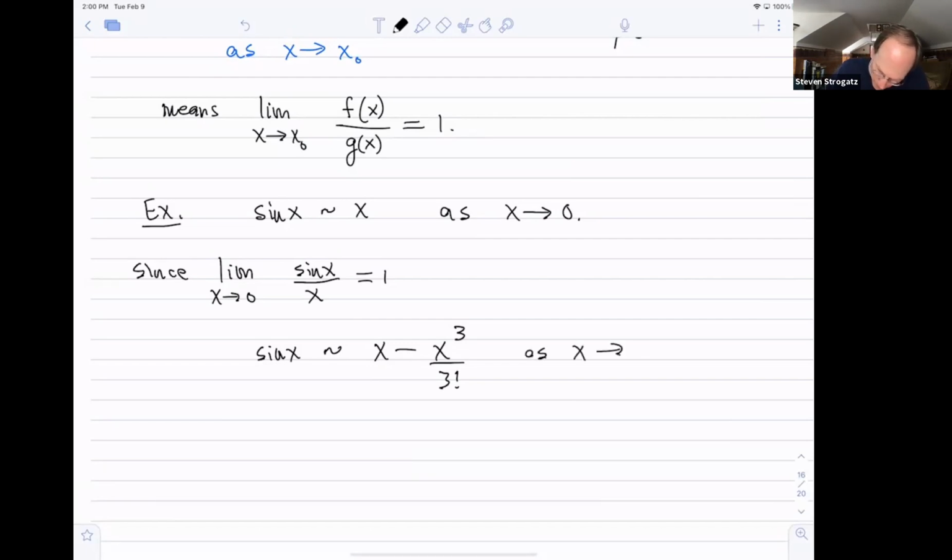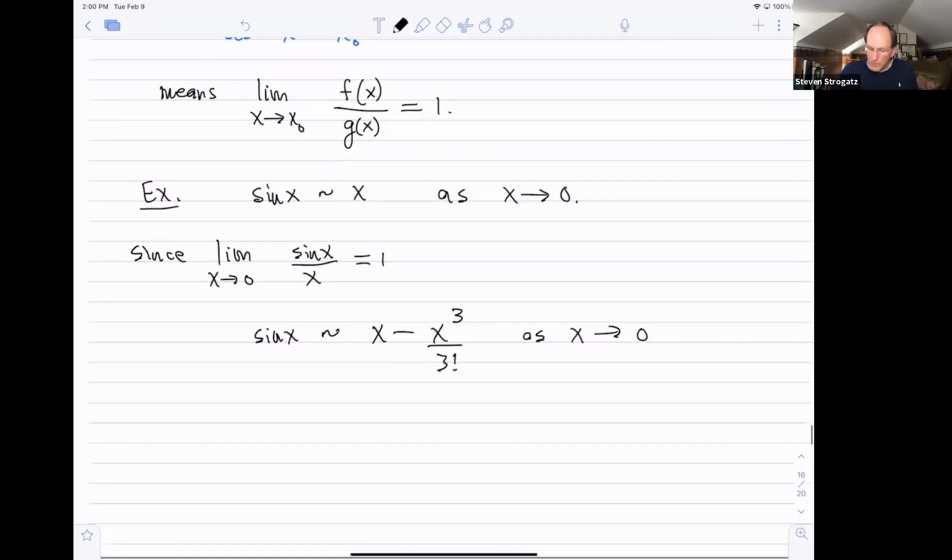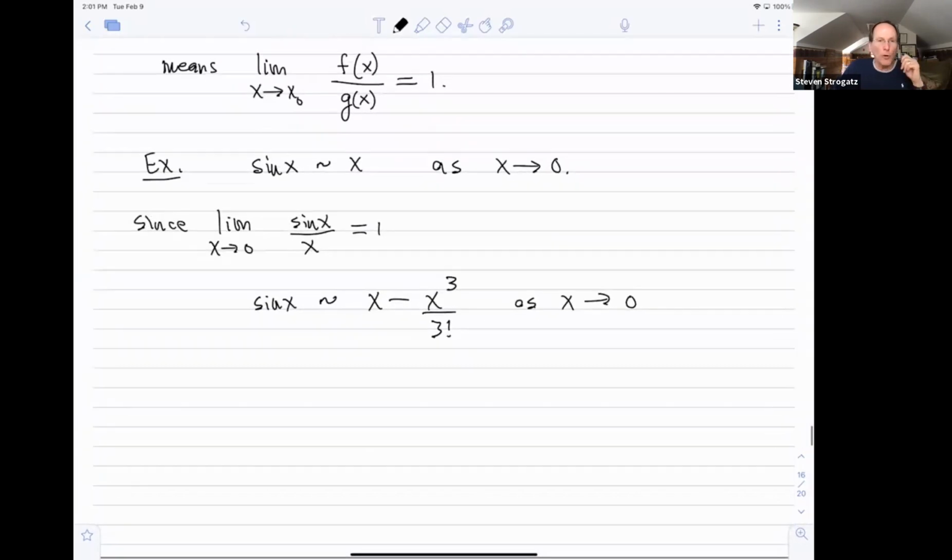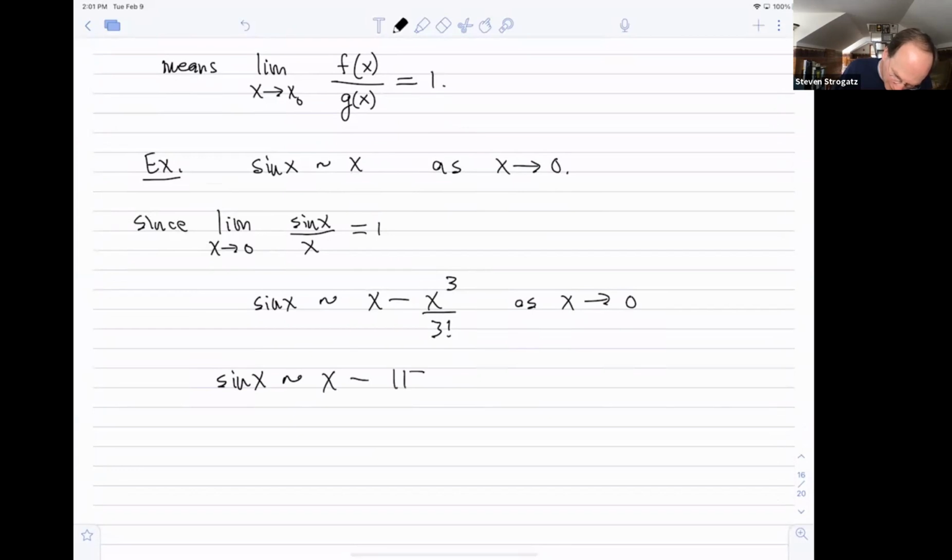But I want to make one little niggly point that you should be aware of in the notation. If you're a warped person, you might be thinking at this moment, well then sine of x is also asymptotic to x minus 117 x cubed as x goes to 0.